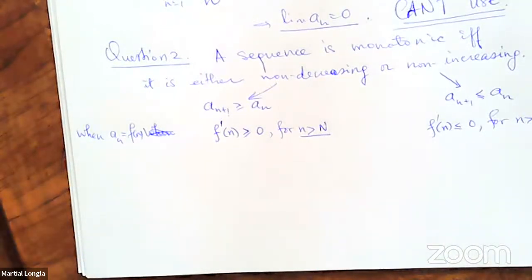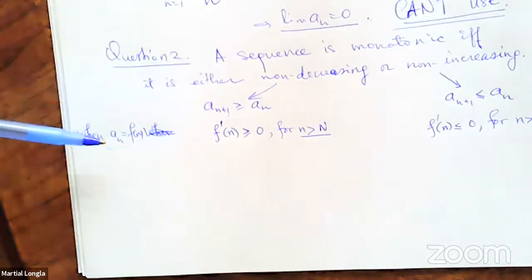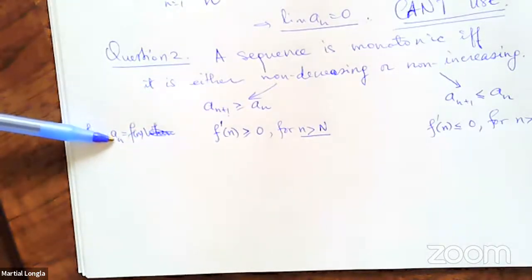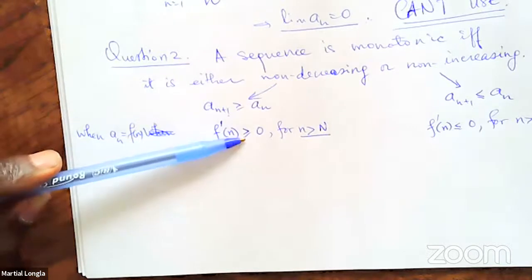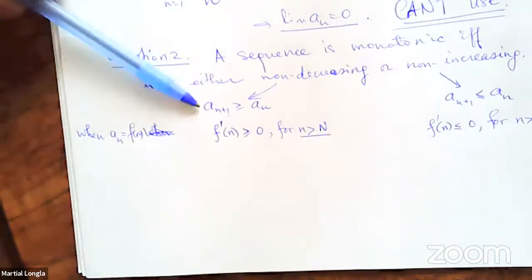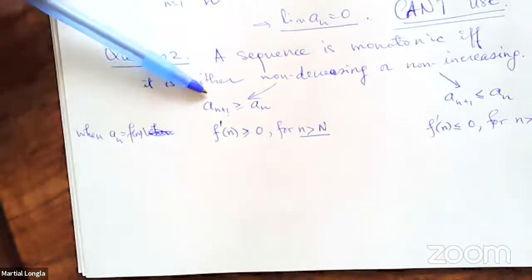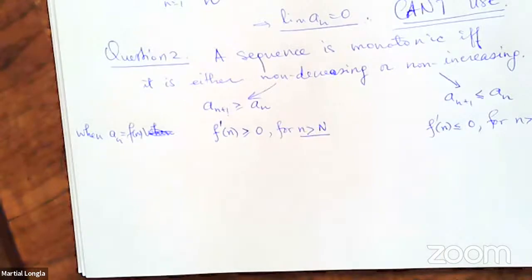So in general, that's the definition. In particular, when you can write an as a function that has a derivative, then if the derivative is positive, you conclude non-decreasing. If the derivative is negative, you conclude non-increasing. Else, you use the definition to show that an plus 1 is larger than an, or an plus 1 is less than an.